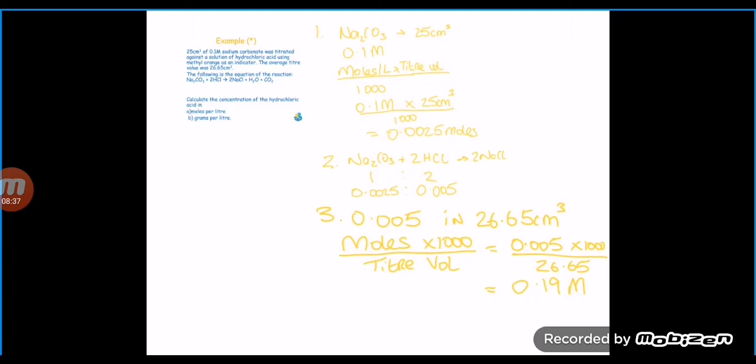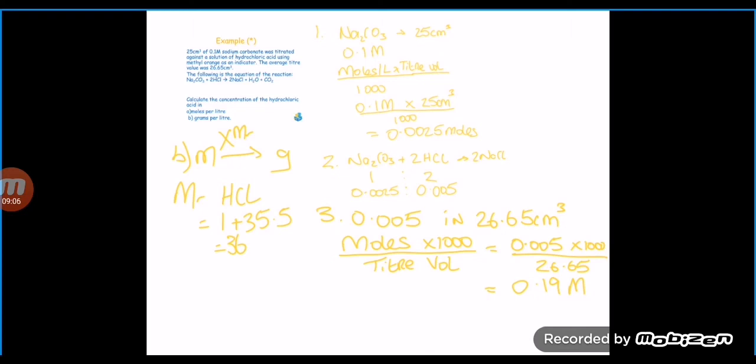The last thing then we want to do is find it in grams per litre. So to go from moles to grams, you have to multiply by the molecular mass. So to find the molecular mass, we're looking at hydrochloric acid. The molecular mass of hydrochloric acid is 1 plus 35.5, which is equal to 36.5.